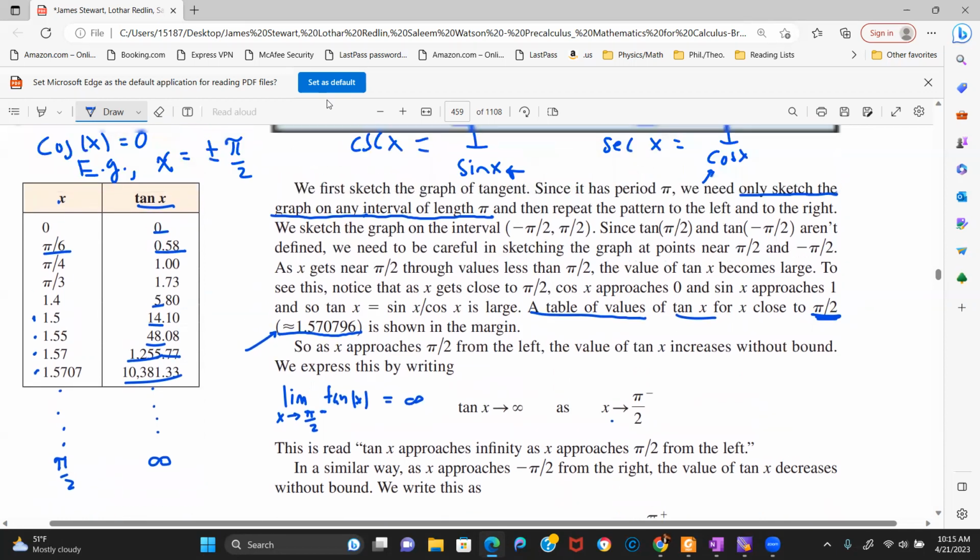This right here is just shorthand for this, and this right here is shorthand for what this table expressed. So remember, limits aren't scary. It's a very basic idea to express something pretty intuitive.